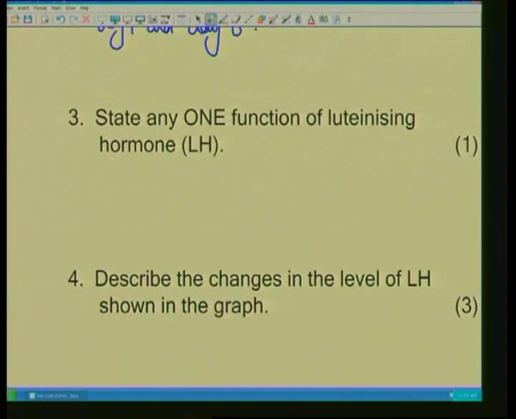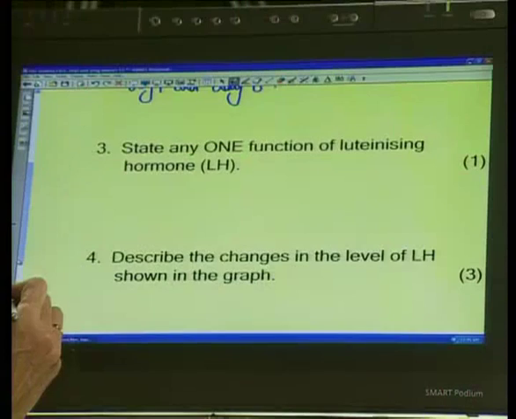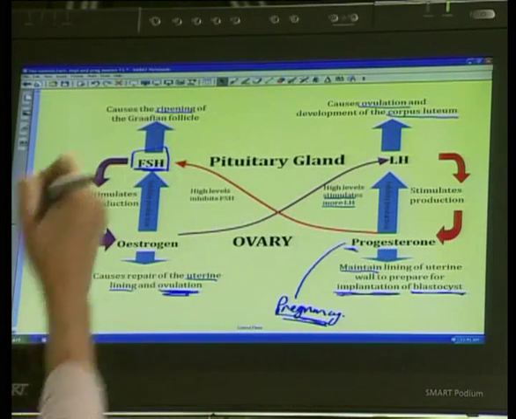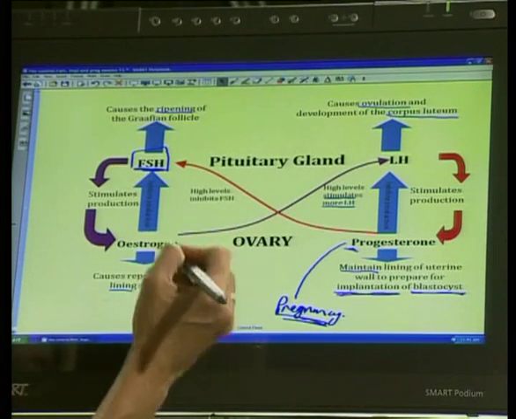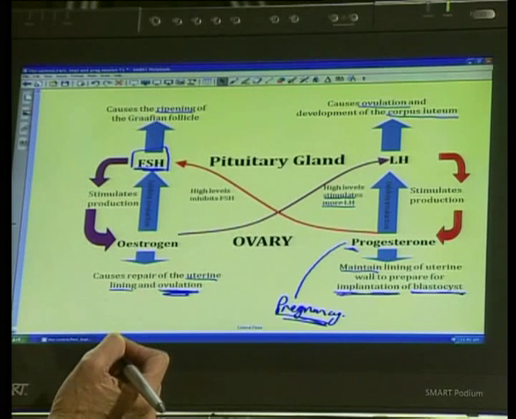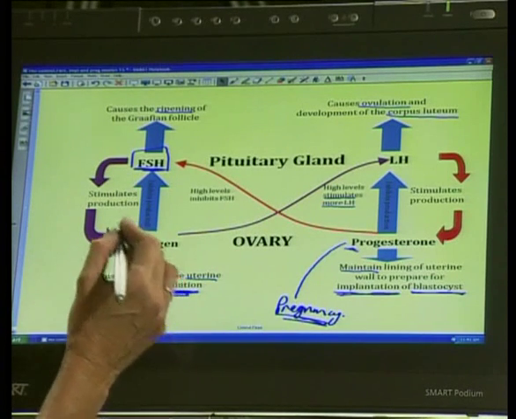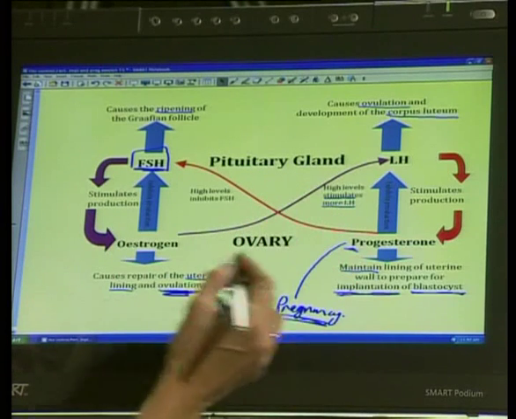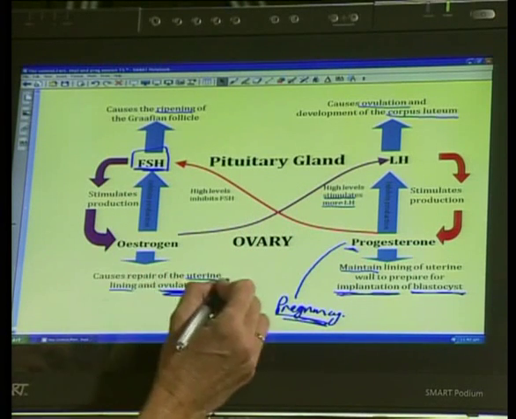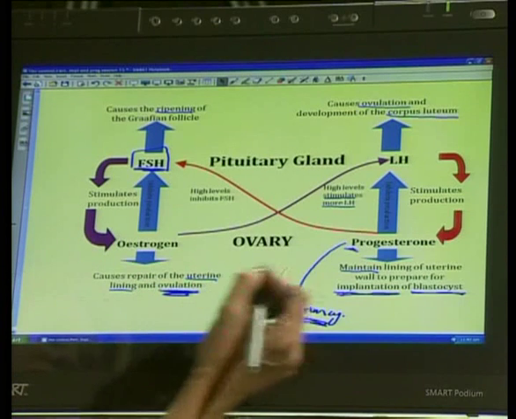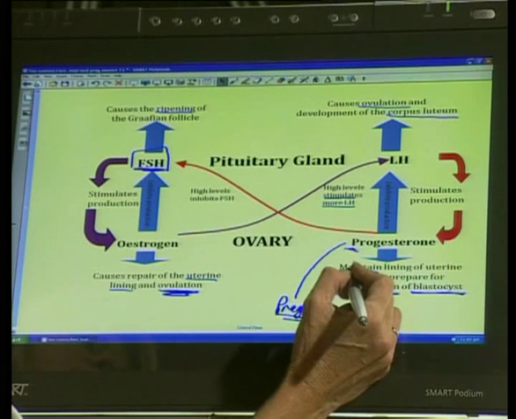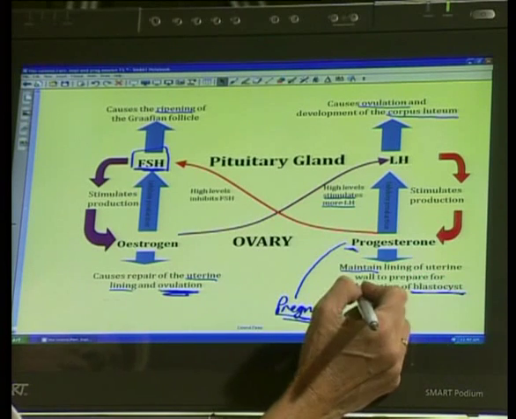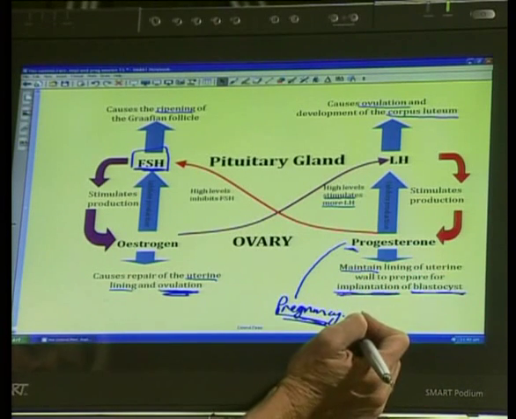State any one function of luteinizing hormone. All we need to do, people, is go back to this cycle here. You must know this. I've put it in your X sheets. Please make sure that you learn it, all right? So here, what do we have? Estrogen is going to cause the repair of the uterine lining and ovulation, and progesterone maintains the lining of the uterus wall to prepare for implantation of the blastocyte.